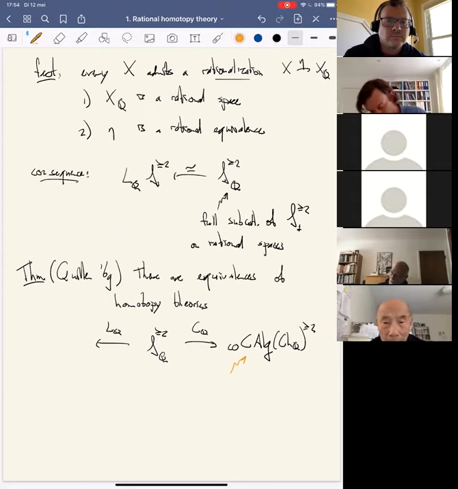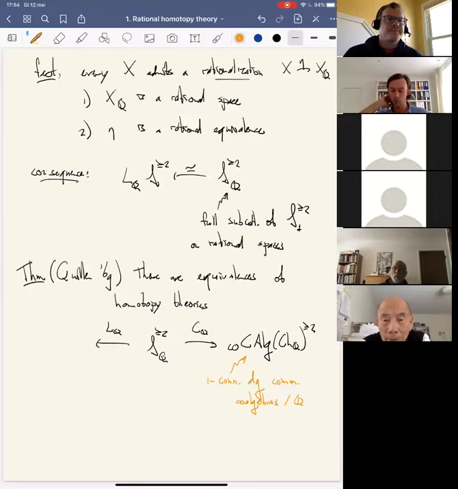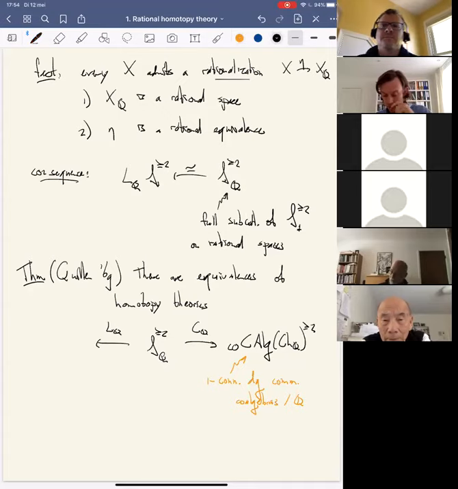These are simply connected differential graded commutative, or co-commutative, but let me drop the co, there's enough of that, co-algebras over Q. And the other model is in terms of Lie algebras.